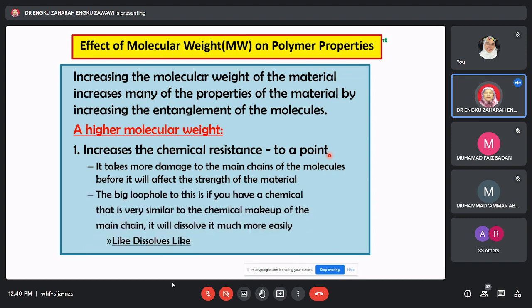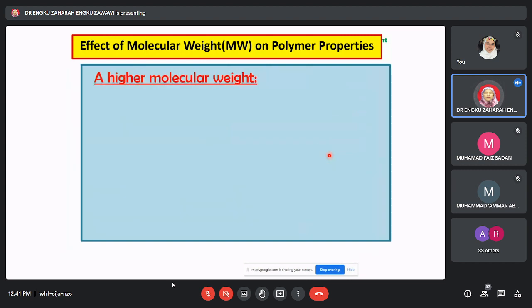Okay, so the big loophole to this is if you have a chemical that is very similar to the chemical makeup of the main chain, it will dissolve it much more easily. Sebab dia dalam kimia ni like dissolves like lah, dia akan attract tu yang mudah.